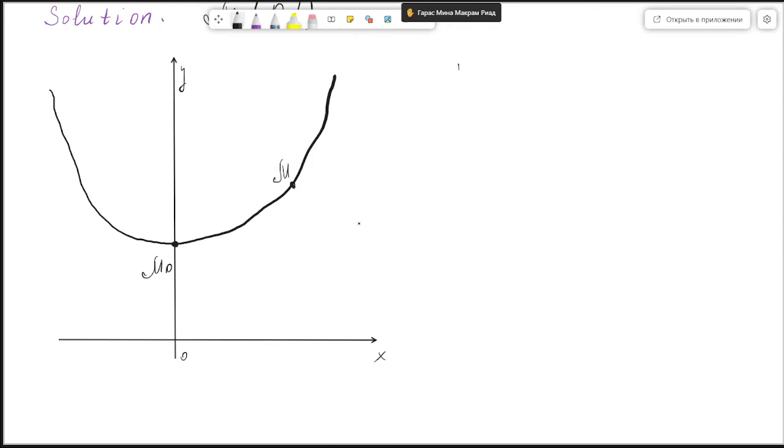Let us consider a part of the thread M0M.